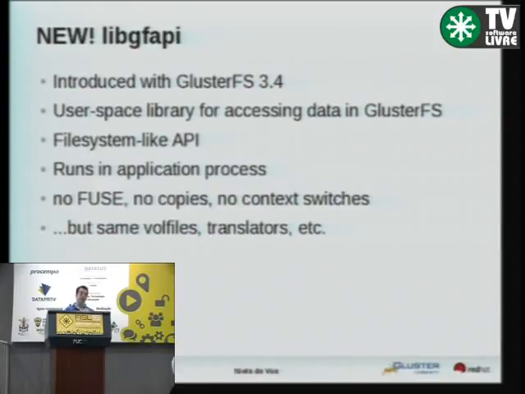So going through a library makes a lot of sense, for example, QEMU with virtual machines, or for Samba, if you do a lot of I/O through Samba, that definitely helps a lot too. The rest of the stack is always kept the same. So the list of translators is the same for Fuse, for NFS, or for libgfapi.